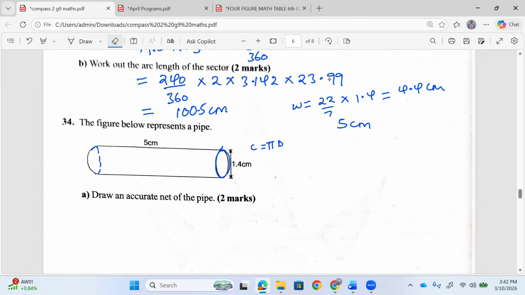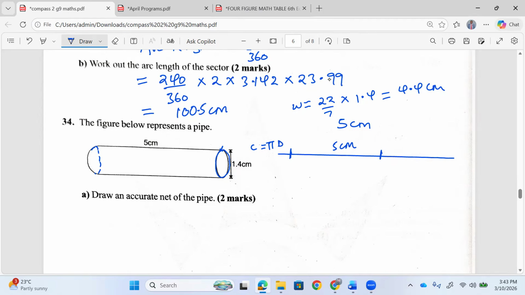Therefore, now we draw the actual net. When you're told actual, it means you are drawing using the actual measurements, not estimations. So we have from 0 all the way to 5, that is 5 centimeters.